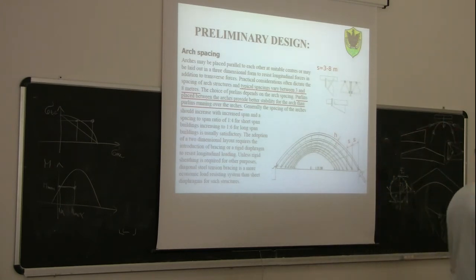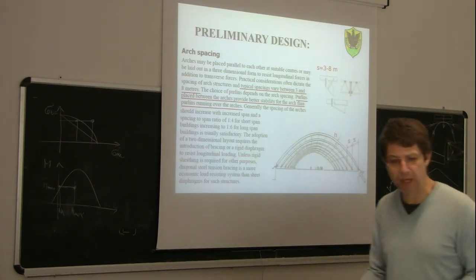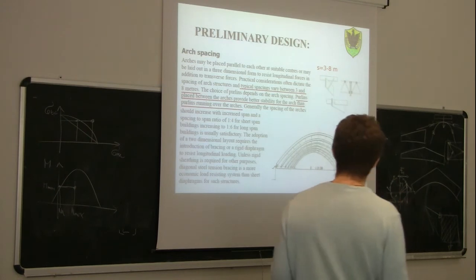Purlins, also in this case, of course, we need to use some purlins to sustain the roof area. And the best solution with the purlins is those purlins extending over a significant depth of the main arch in order to provide some lateral restraints that are useful then when we do the out-of-plane lateral torsional buckling verification of the arches.